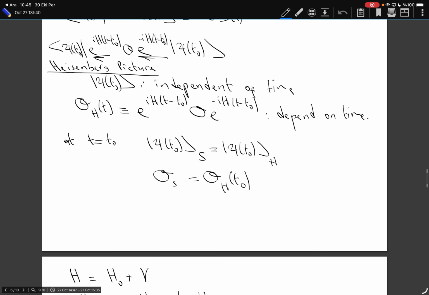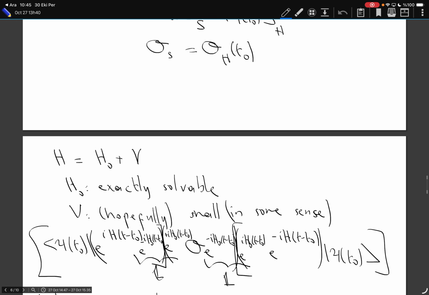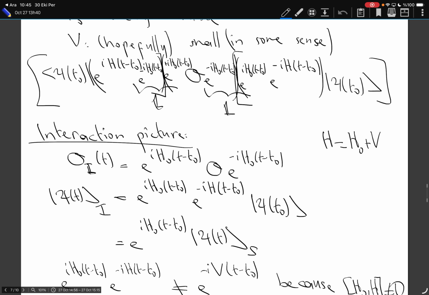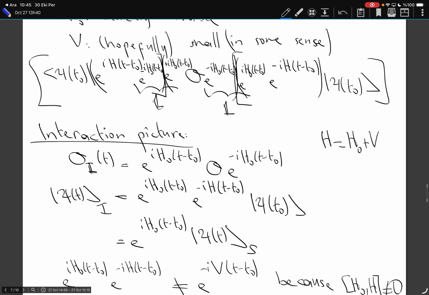The third picture that we introduced, the so-called interaction picture, is somewhat in between, because now we separate our Hamiltonian into two parts. One is H0, which we can solve. The other one is V, which we cannot solve. So we let the operators evolve under H0. That evolution we know, because we can solve H0. And then the states evolve under V.